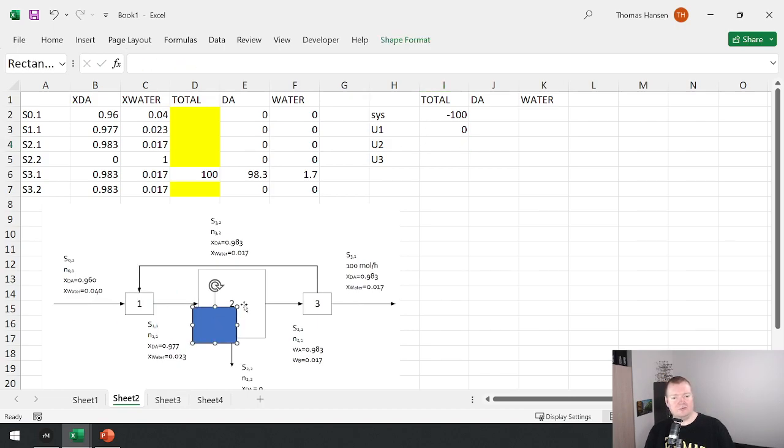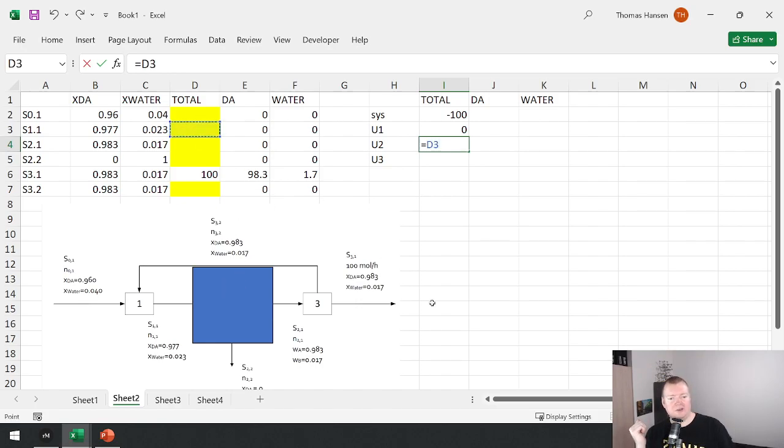We move to unit 2. What do we know about that? Well, in my unit 2, I know that stream 1.1 goes in. I know that stream 2.2 and 2.1 exit, and that's all I know about that.